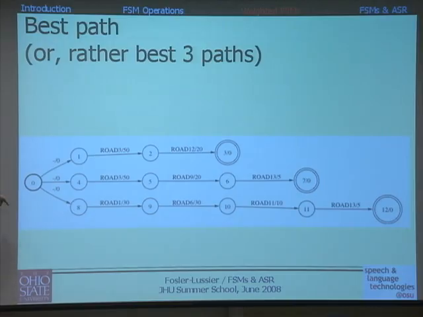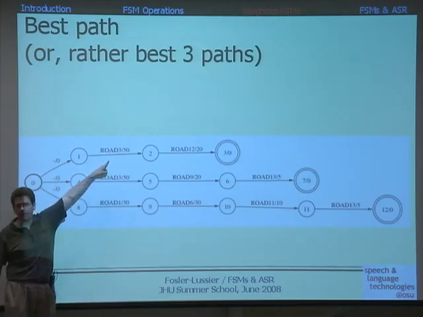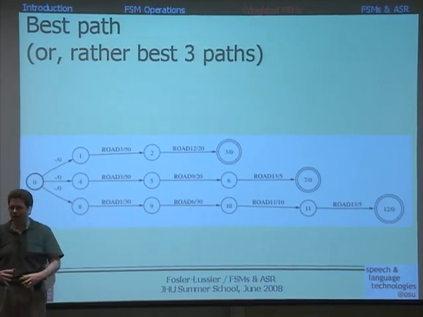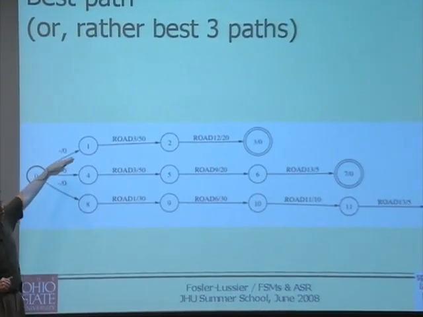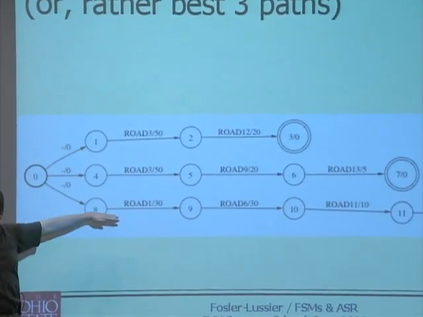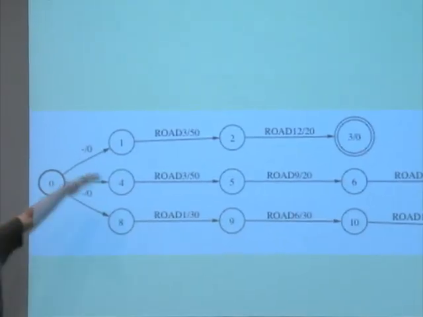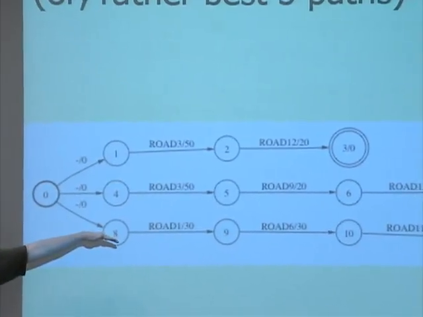Now I printed out the 3 most likely paths in this case because sometimes, especially if you want to do downstream processing where you don't believe in the model that you have here, you might have other models that say, oh, there's road construction on road 3. That's not in your original model. Or you might have prosody information you want to bring into your ASR. So you might want to, A, retain this graph, or B, get out an NBest list of possible paths.